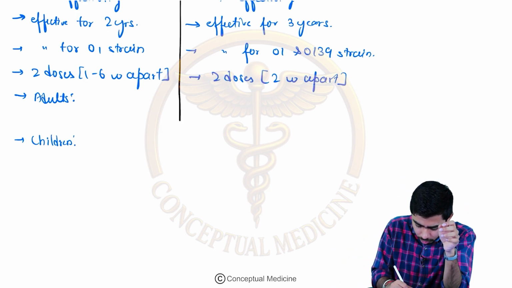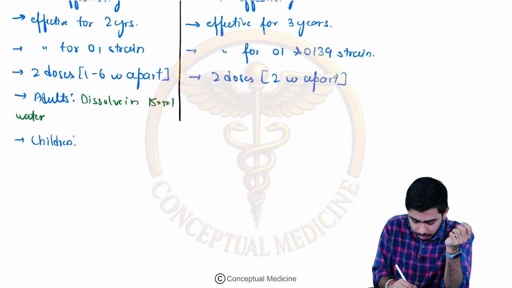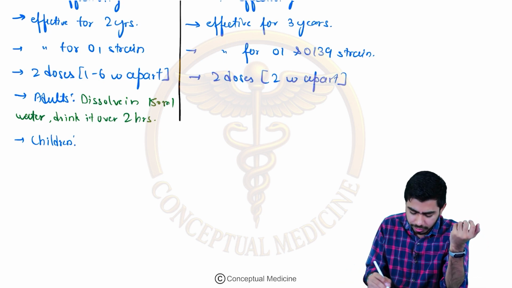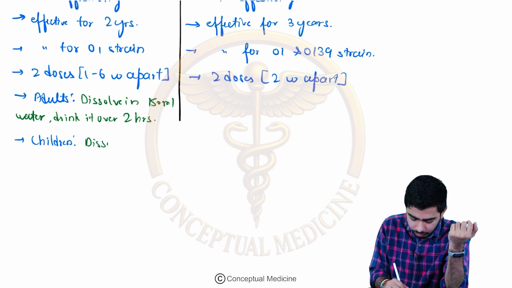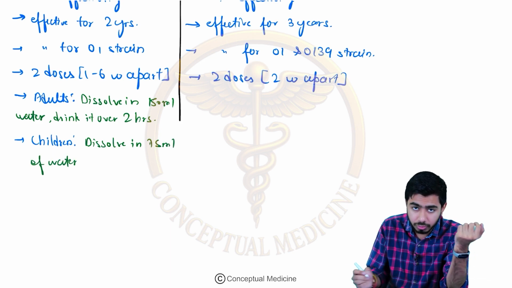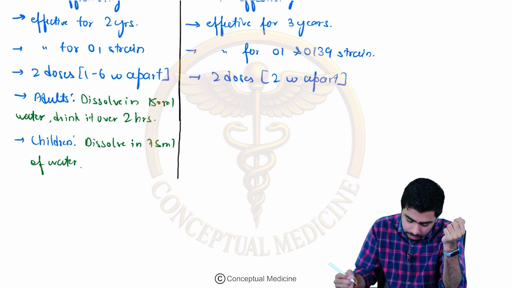So dissolve in 150 ml of water. It's very simple to take, and drink it over 2 hours. If you are giving it to children, for example, then you can dissolve it in 75 ml of water, and drink it over 2 hours. So very simple. That's how we can get the prevention over here.